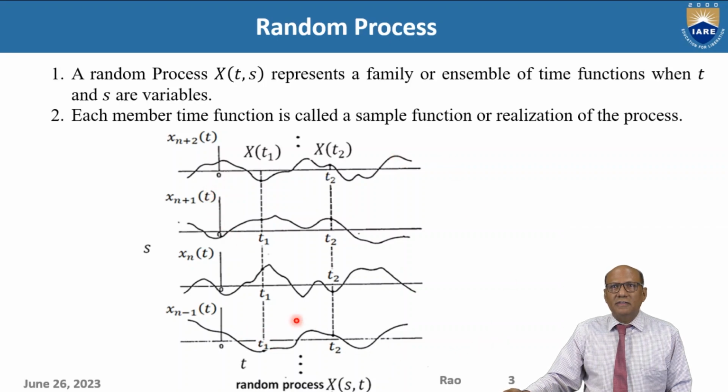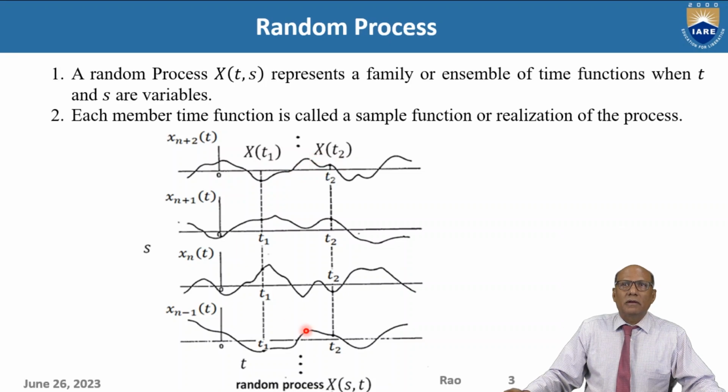So this set of time functions is called a random process. This is the total family, which contains basically an infinite set of functions. And what is the length of each function? Each function is also infinite, that is, t is between minus infinity and plus infinity.